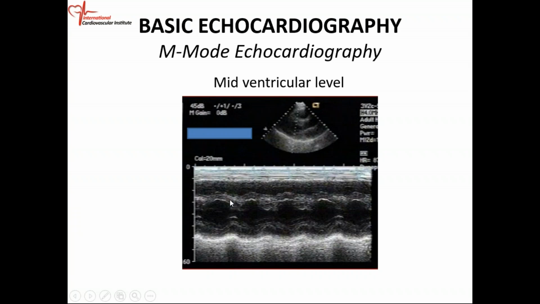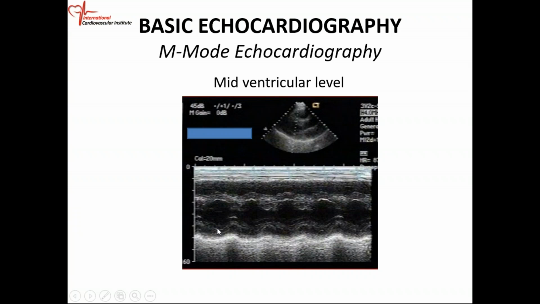The reason why the septum is wavy is because in diastole, the septum moves away from the posterior wall, and in systole it moves towards the posterior wall. So it has a wavy movement, but it's a consistent and purposeful movement.